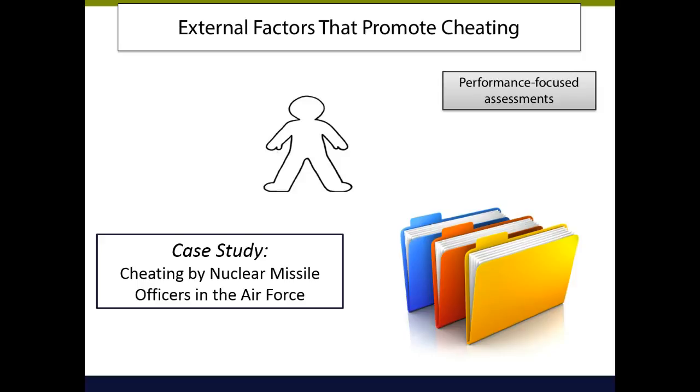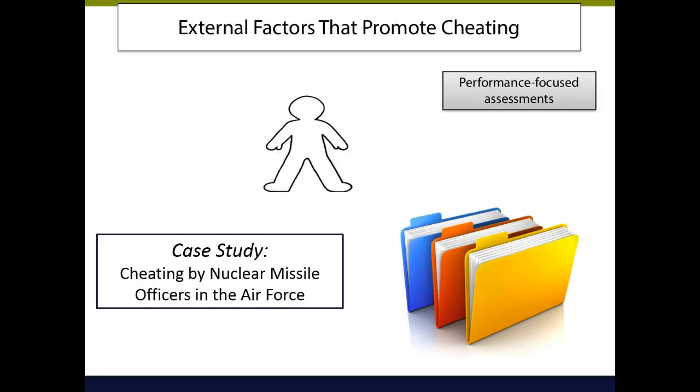So these nuclear missile officers had to take tests as part of what they do to get promotions and to stay qualified to work in missile silos. And there was a case of cheating where many of these nuclear missile officers and their commanding officers were caught cheating. And let me tell you a little bit about why they said they cheated.